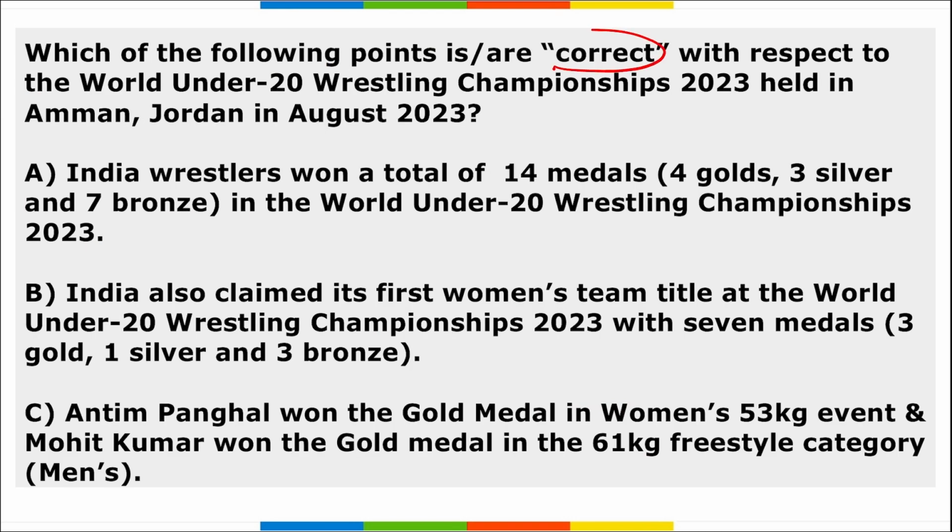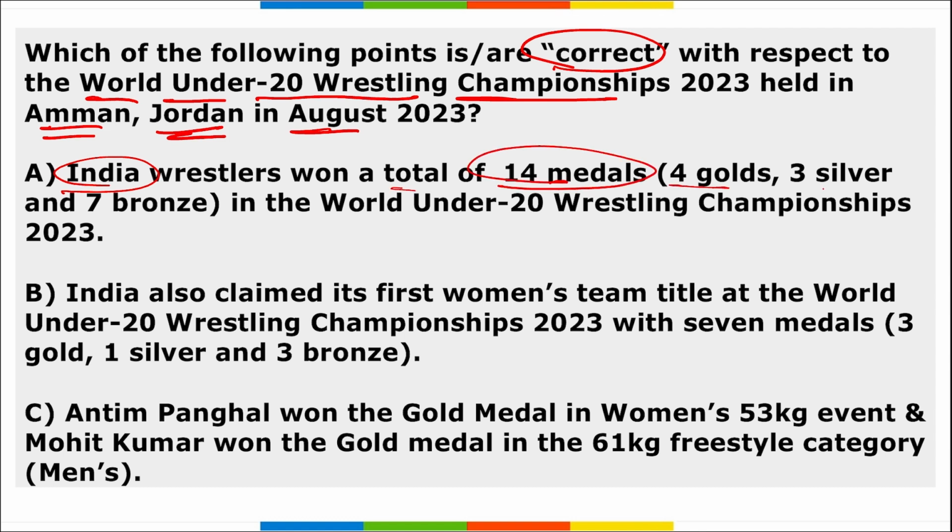Next, which among the following are correct with respect to the World Under-20 Wrestling Championship held in Amman, Jordan in August 2023? Option A, Indian wrestlers won a total of 14 medals, 4 gold, 3 silver and 7 bronze. So yes, option A is correct. B, India also claimed the first women's team title at the World Under-20 Wrestling Championship 2023 with 7 medals.